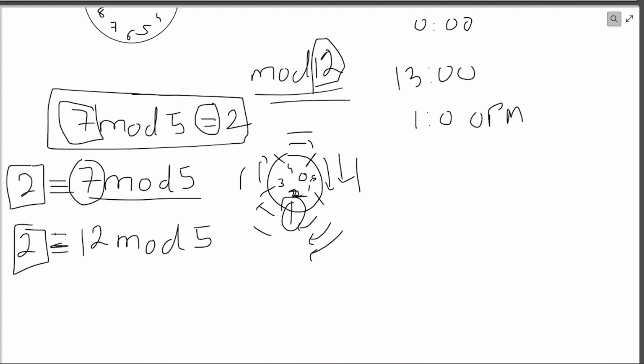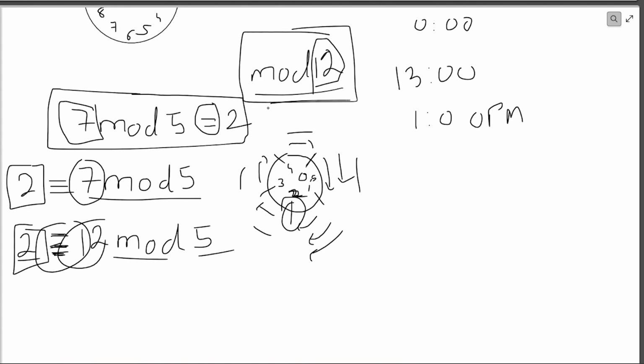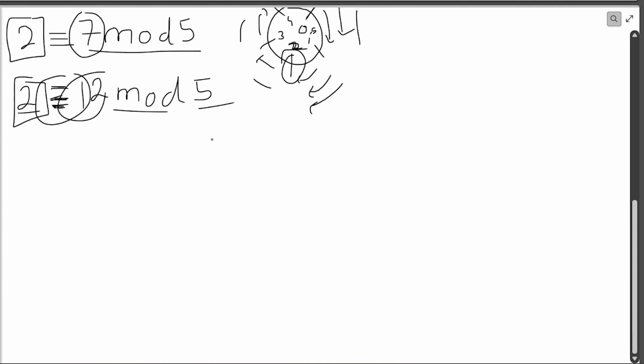So instead of writing equal to, we will use the congruent notation. So we will say 2 is congruent to 12 mod 5. So now that we know what modular arithmetic is, you'll soon see why it is so helpful.